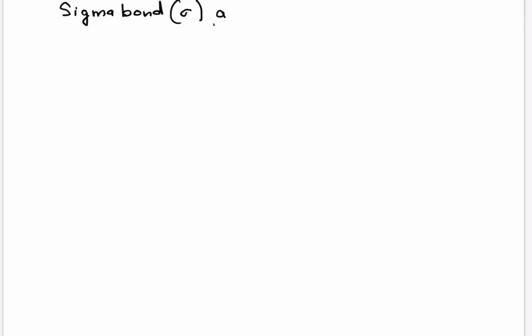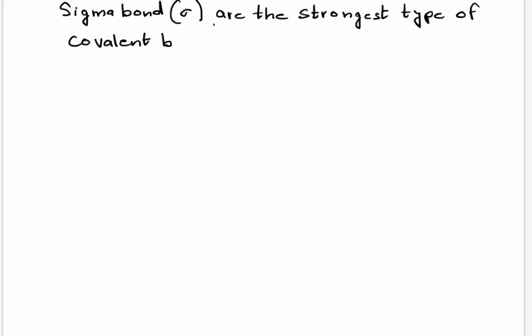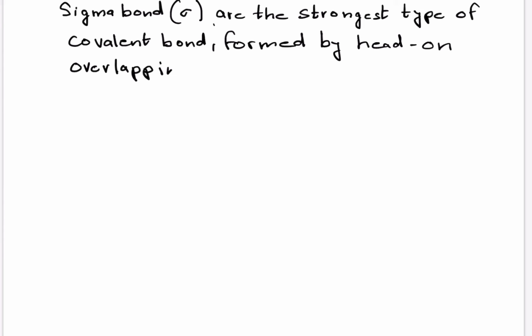Sigma bonds are the strongest type of covalent bond, and they are formed by head-on overlapping of atomic orbitals.